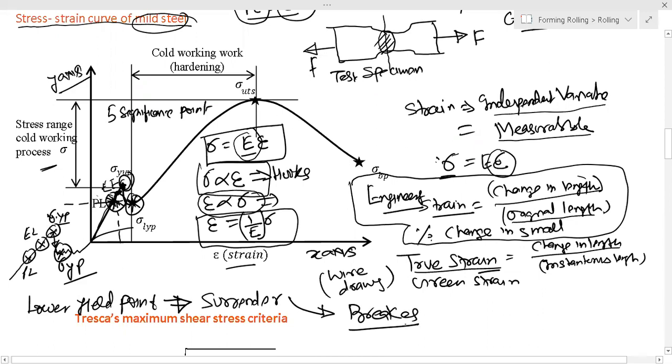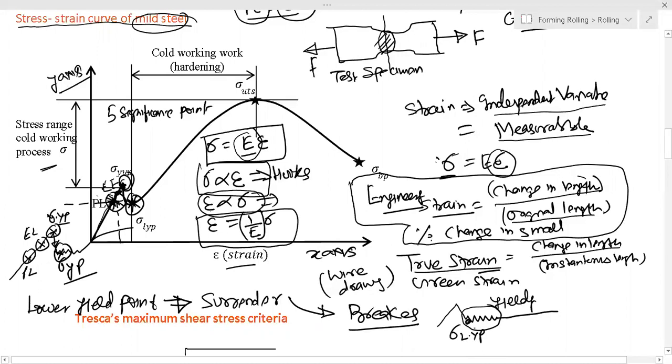This is your yielding, and this is your lower yield point.